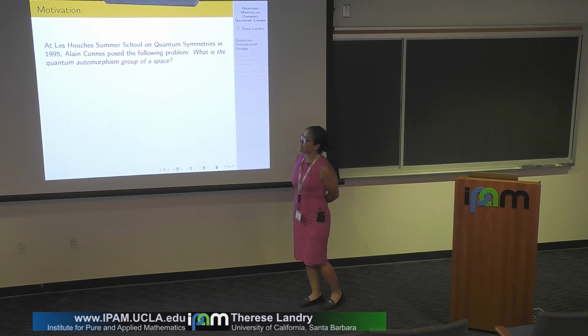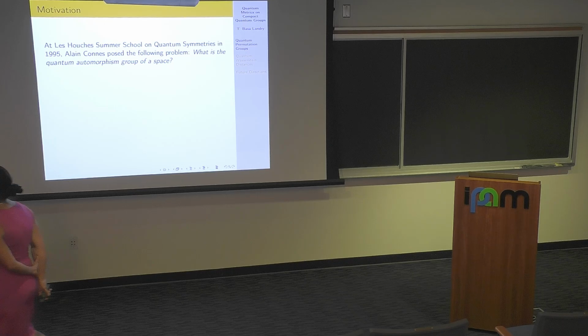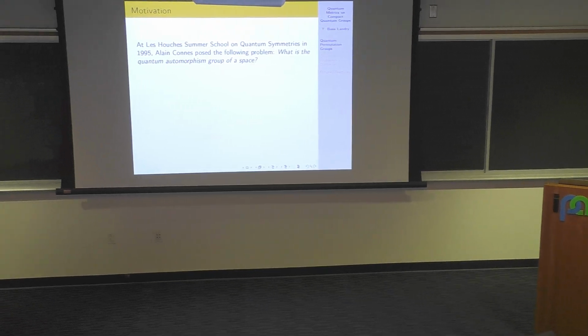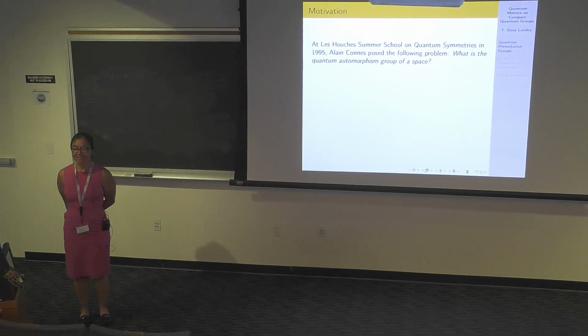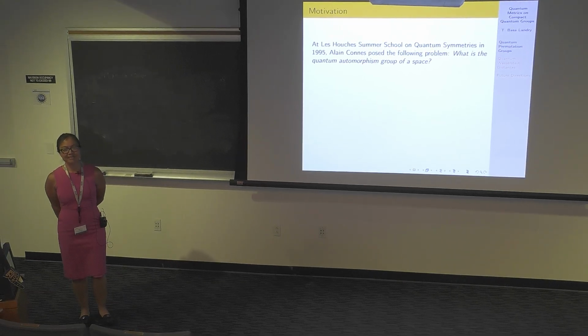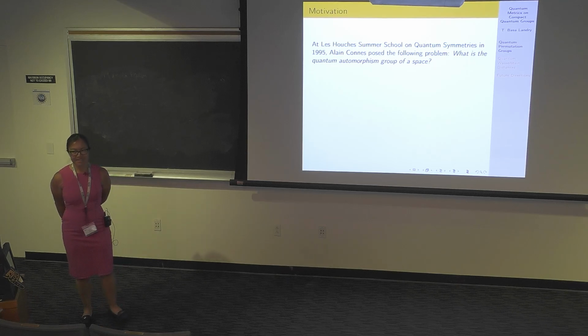As with so many objects in non-commutative geometry, we begin with a question of concept, namely, what is the quantum automorphism group of a space? In non-commutative geometry, that space may be quantum or it may be classical.